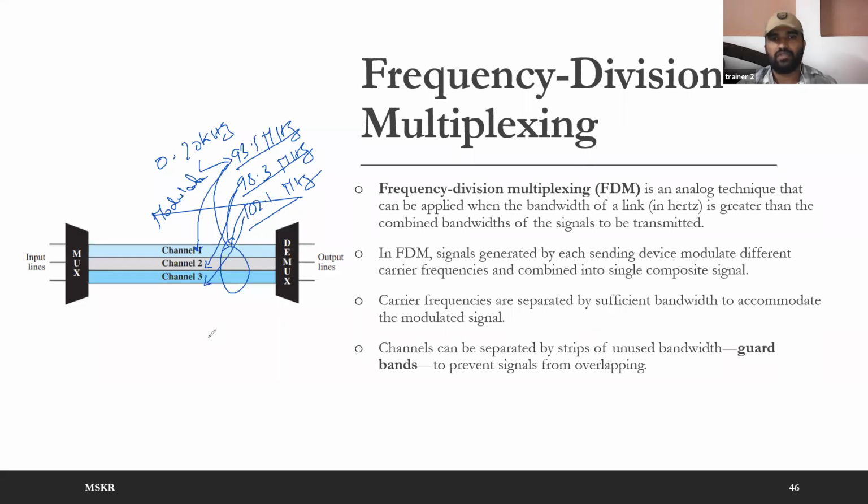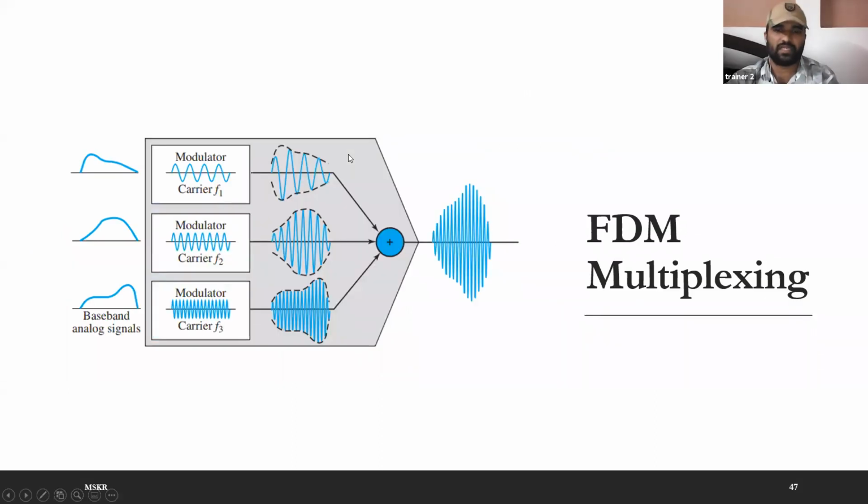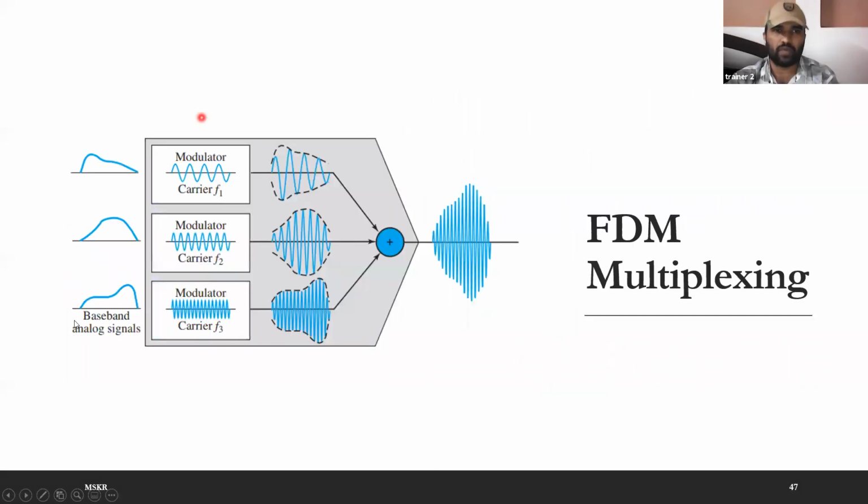Like this, you separate the medium into channels and share them with different users so that they can communicate simultaneously without any worry. That is the basic working of frequency division multiplexing, and this is how the multiplexer, shortly called MUX, the input side device, will work.